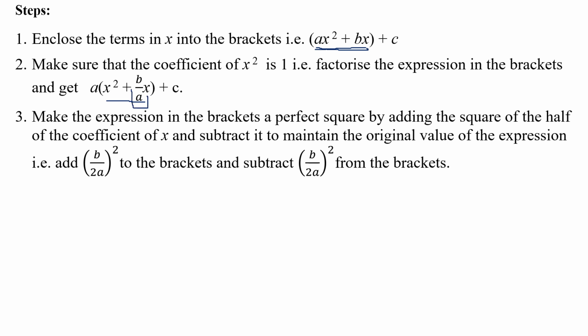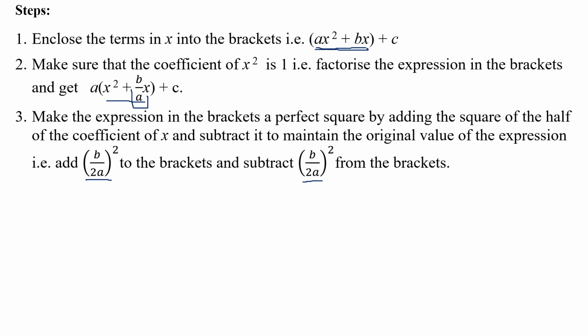So half of b over a is b over 2a. Then you square it. After adding the square of this fraction, you subtract it so that you will maintain the original value of the expression.